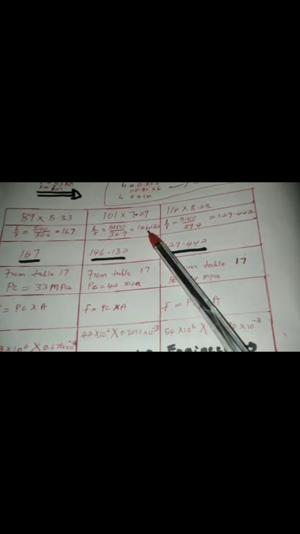For 101 times 7.29, you go to your R, which is 34.9. The answer will be 146.132. And then you go to this one, 114 by 8.23.